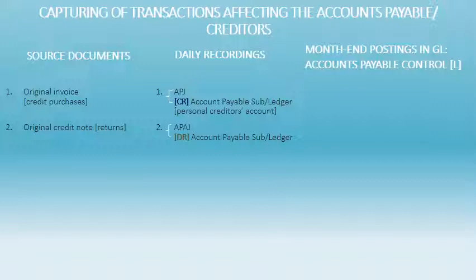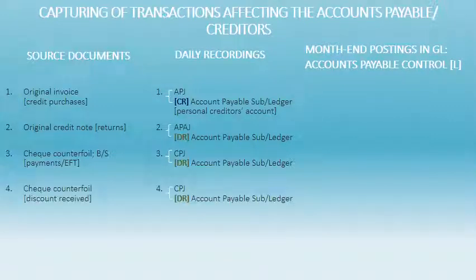They will therefore be immediately debited in the accounts payable of the subsidiary ledgers. For the check counterfoil for creditors' payments, these were recorded in the cash payment journal. They will therefore be debited in the accounts payable of the subsidiary ledger.